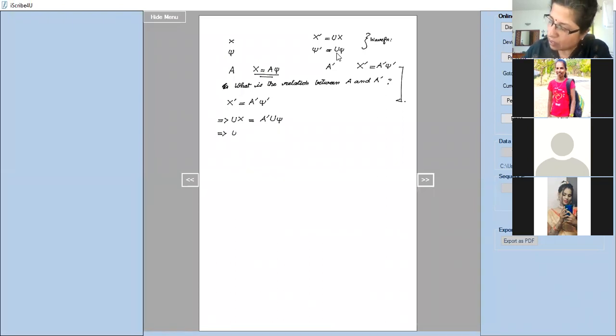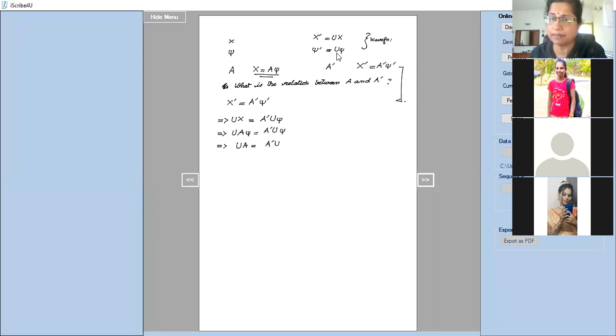So I will write it as U A psi is equal to A prime U psi. So now let's do one thing. Let us operate on both. So this implies that UA is equal to A prime U. Okay, so this is what I'm writing, because it will be true for all wave functions.